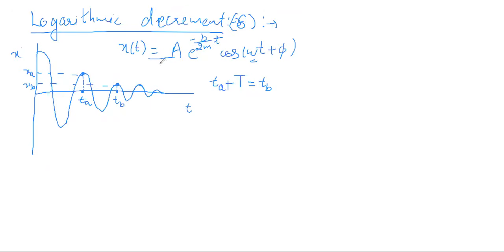Now, from this expression here, if I want to write XA as a function of time, now your time is equal to TA. This would be equal to A e raised to power minus B upon 2m TA cosine of omega times TA plus phi.